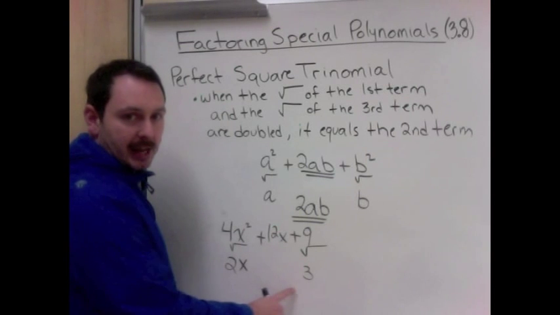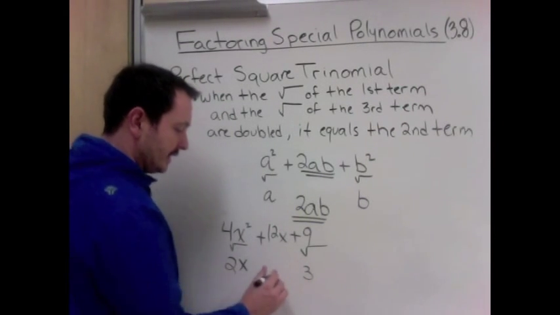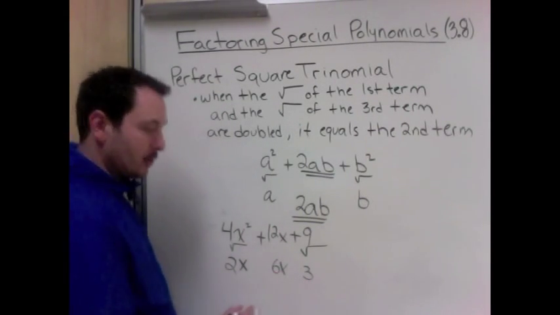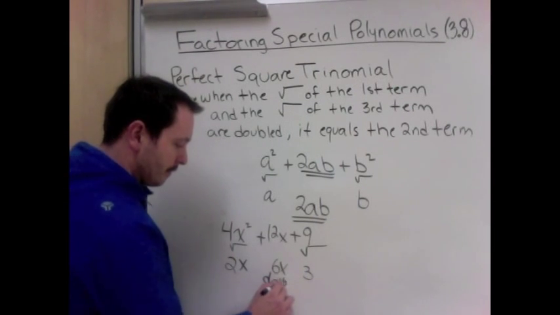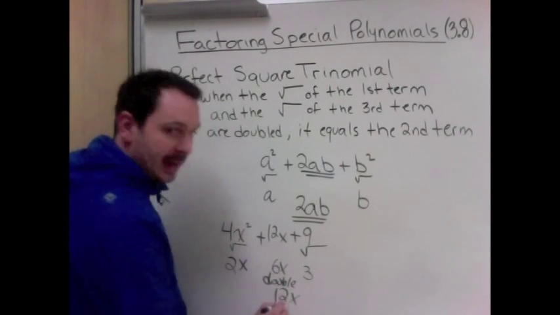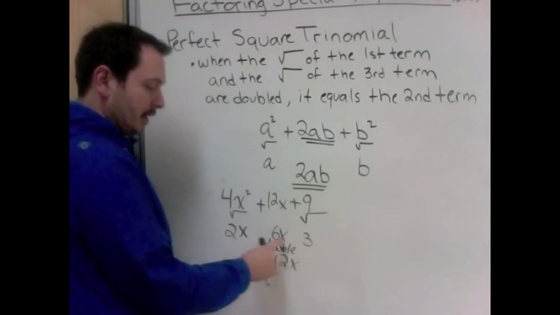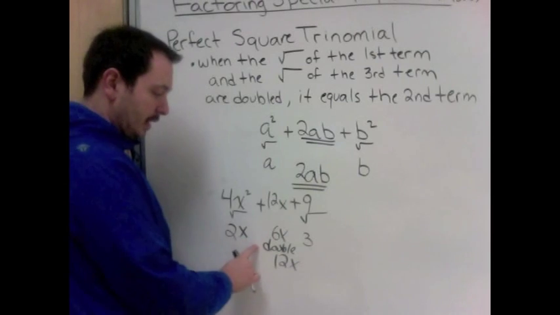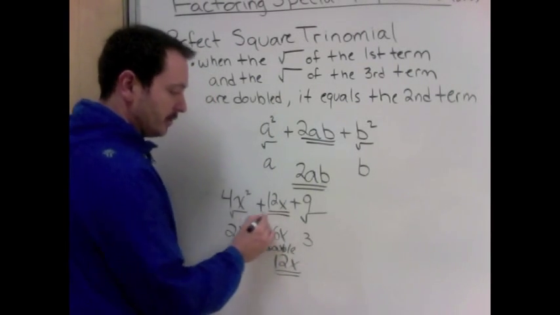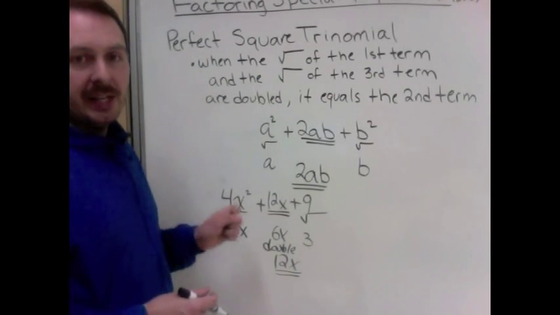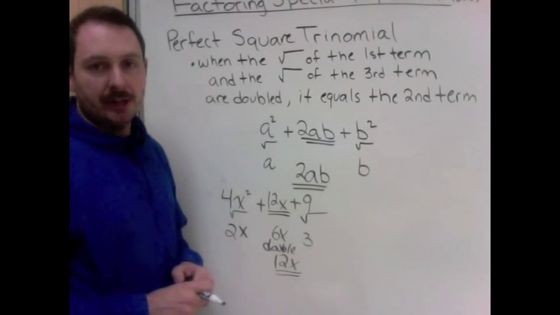Now if we multiply them together, 2x times 3 is 6x. And don't forget to double it, is 12x. And so you can see that when we square rooted them and multiplied them, doubled them, we got the middle term, 12x. So this is a perfect square trinomial.